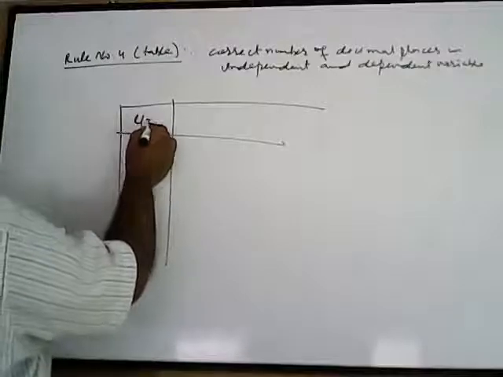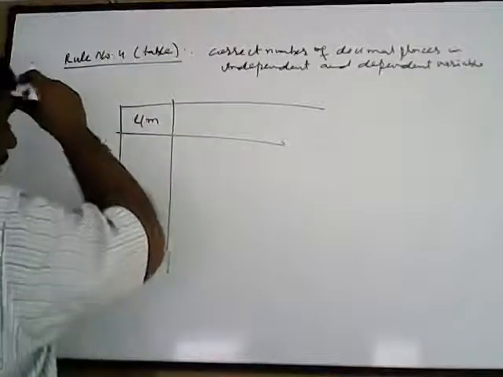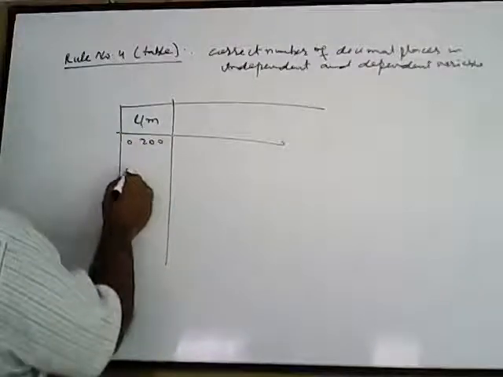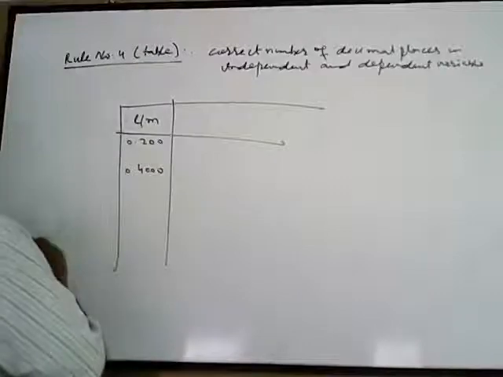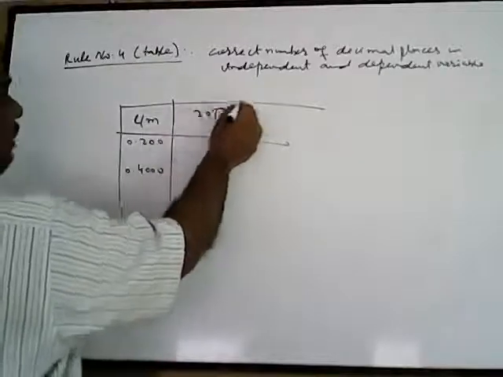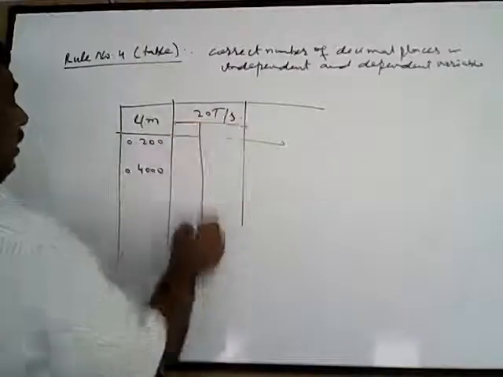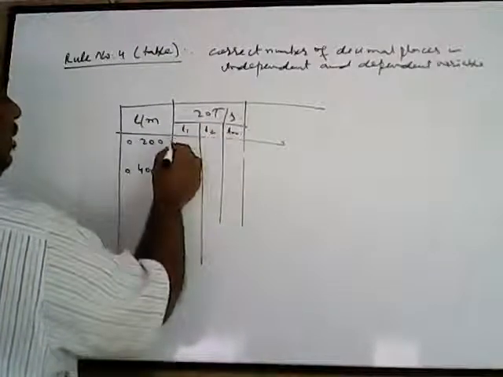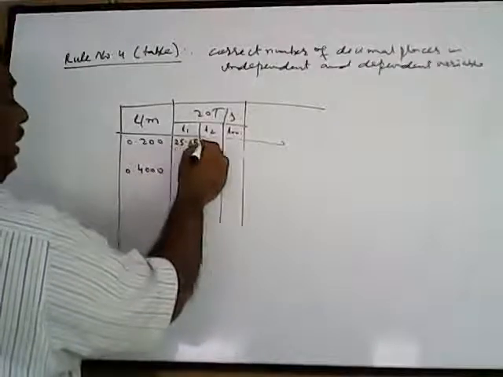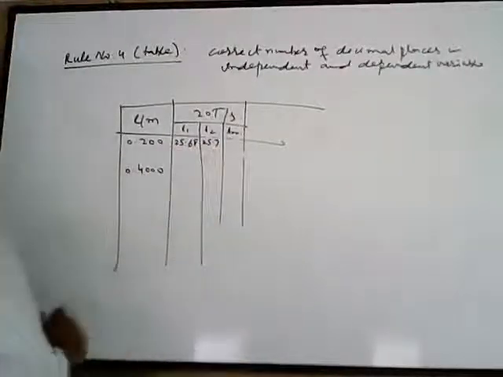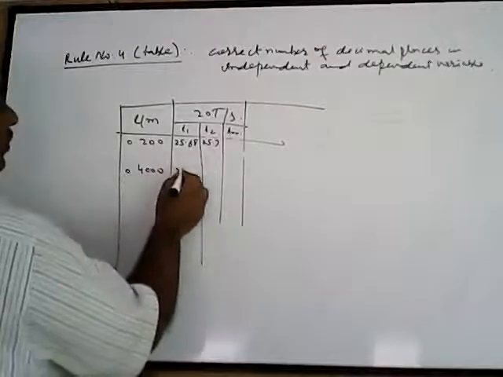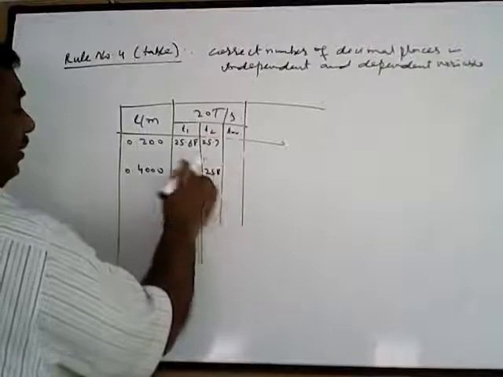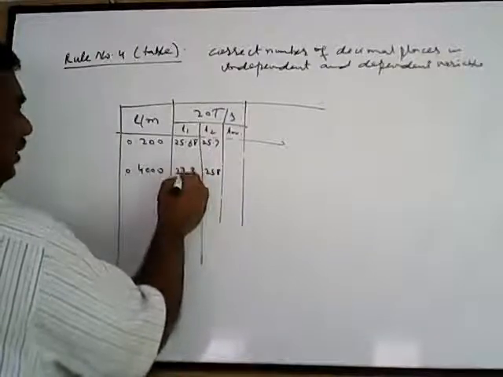L in meters is recorded as 0.200, and then 0.4000, and suppose 20T has been recorded in seconds: T1, T2, T average. Suppose this is recorded as 25.68, here 25.7, here 25.8, and here 27.8.